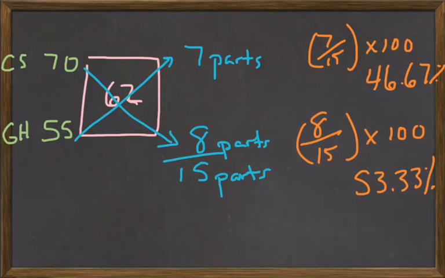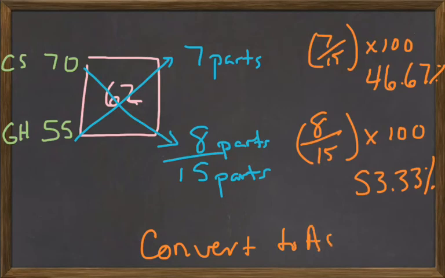So what we find out is that this diet, because remember if we read across, has 46.67% silage, and this diet has 53.33% hay.